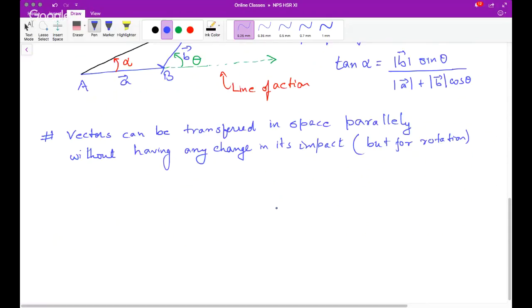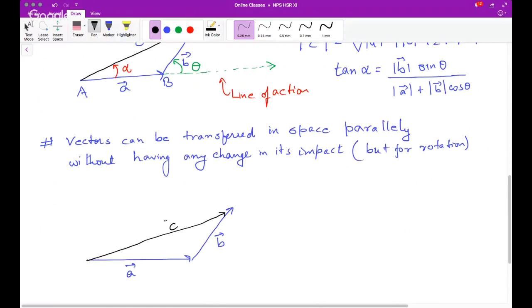So, let's say this was vector A and this was my vector B after shifting parallelly so that the tail and the head coincide. By the triangle law, we got the resultant like that.